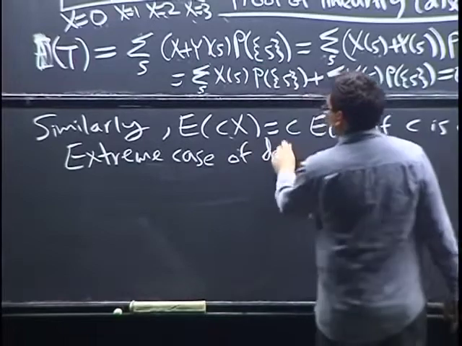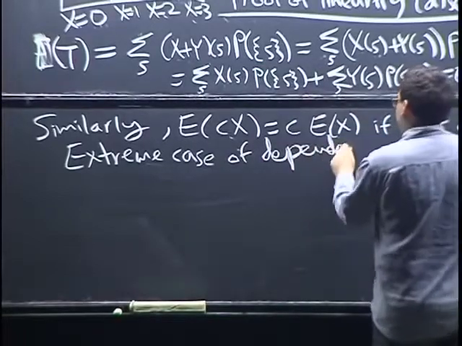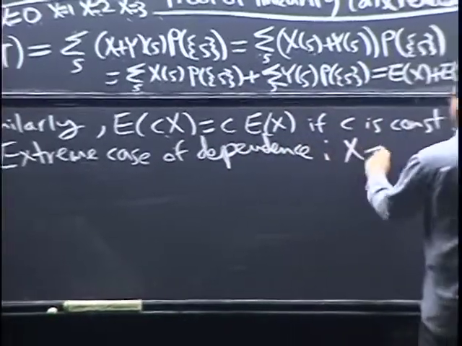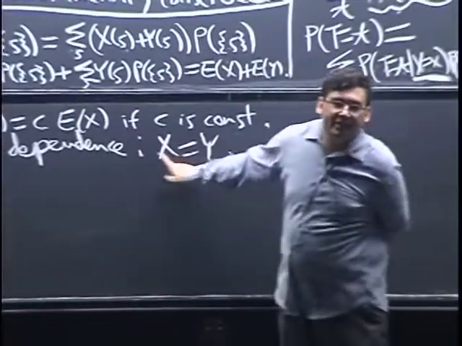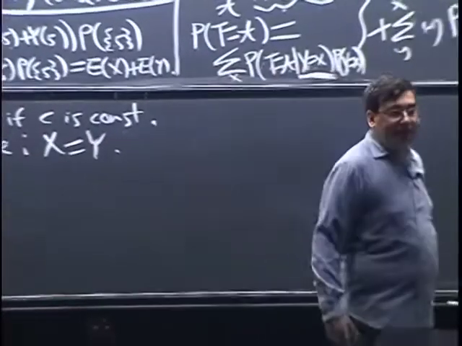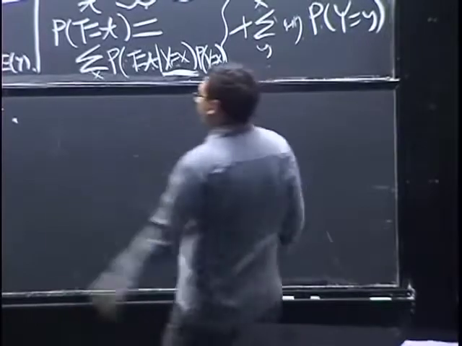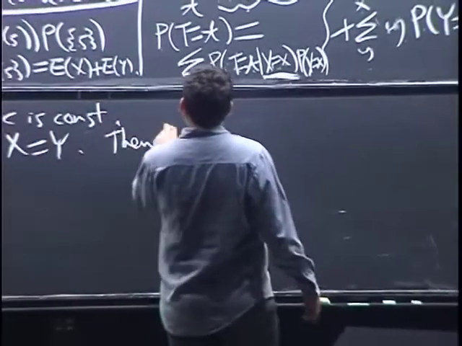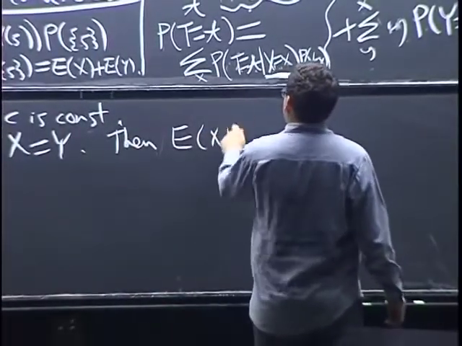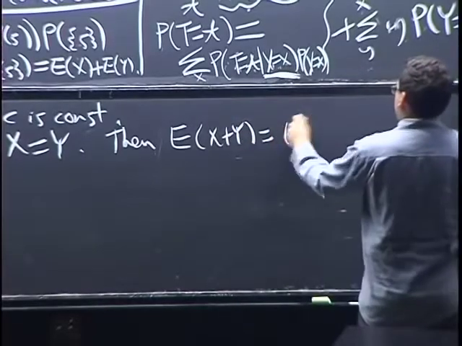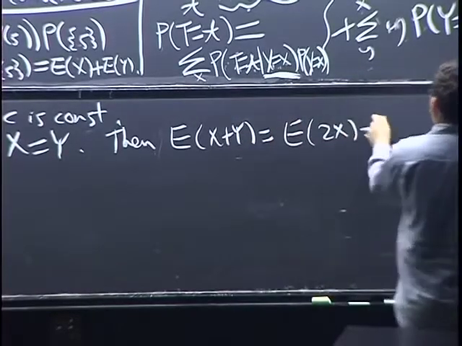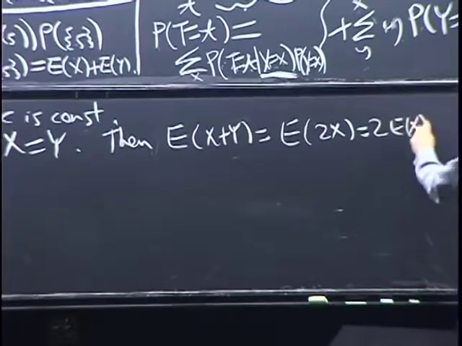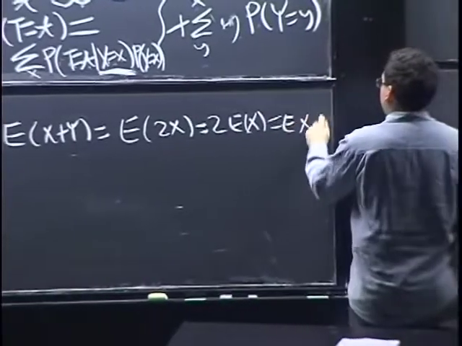What if x equals y? That's as dependent as they can get, right? They're the same thing. Now, if that's true, then E(x plus y) is E(2x), which equals 2E(x), which is in fact the same thing as E(x) plus E(y).